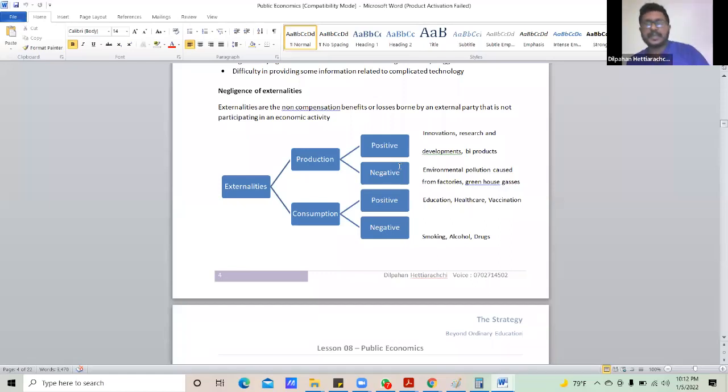Likewise, in public economics, in the next lesson, lesson number 7, you have another routine question: externalities. All the time they ask questions regarding externalities with diagrams. Some people still have problems with externality diagrams. So next day, within the first hour, I'm going to explain this externality diagram.